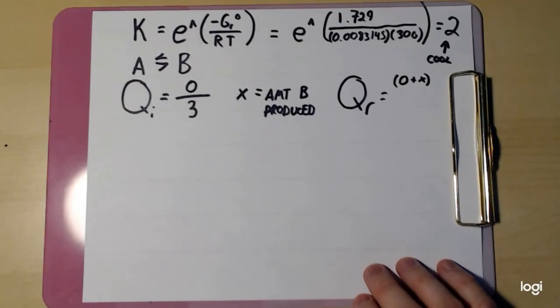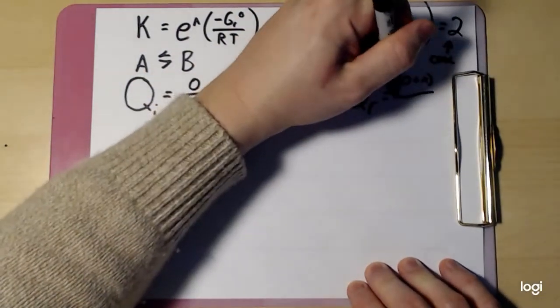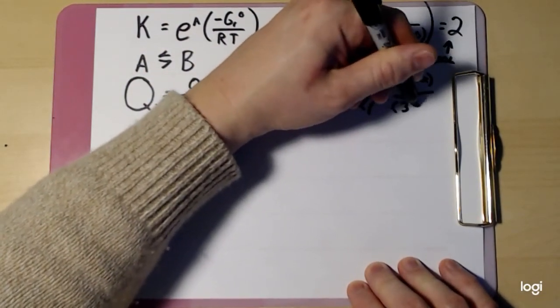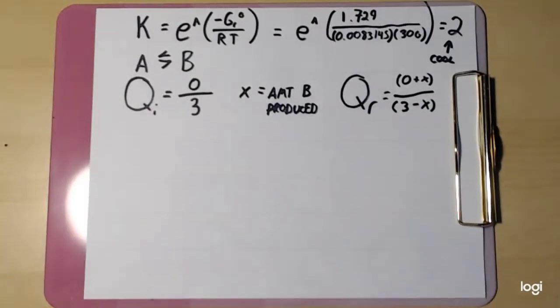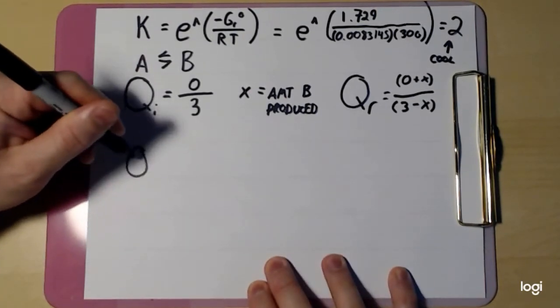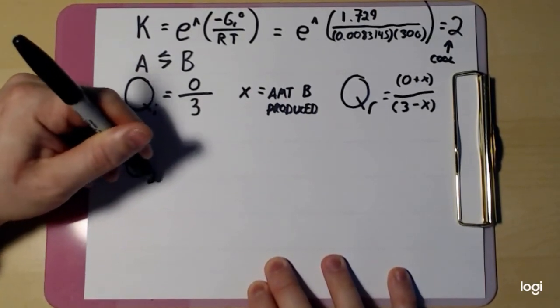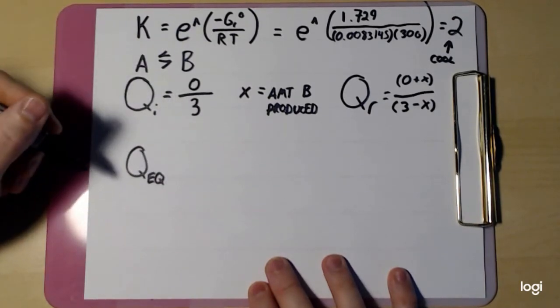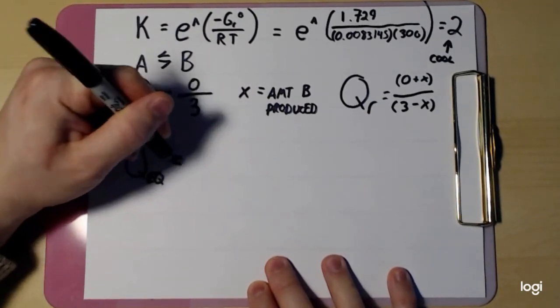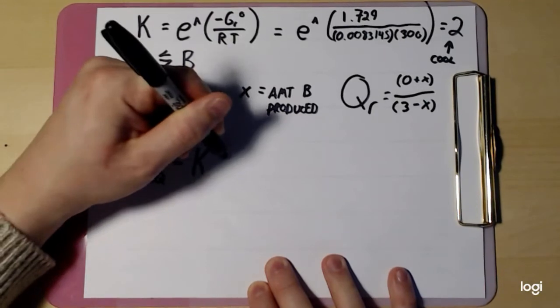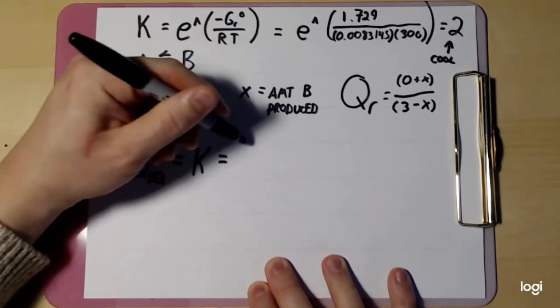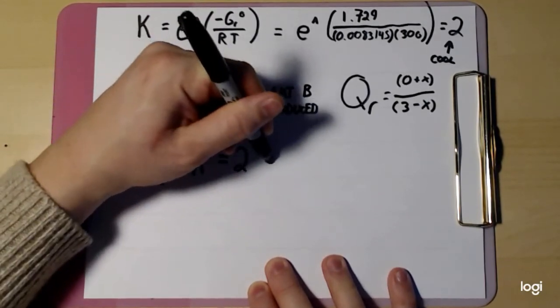If X amount of B is produced in the reaction, then the concentration of B will be 0 plus X, because we started with 0. And the concentration of A will be 3 minus X, because we started with 3 moles of A, and for every mole of B produced, we lose 1 mole of A. And so now, the reaction quotient at equilibrium, again, will equal K, which we calculated to be 2.